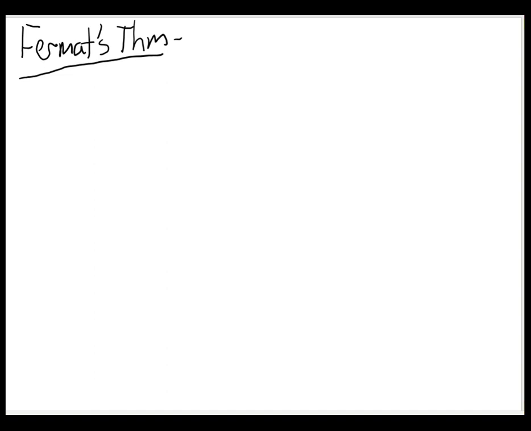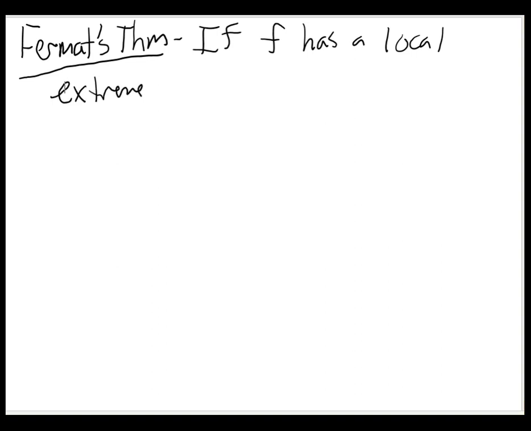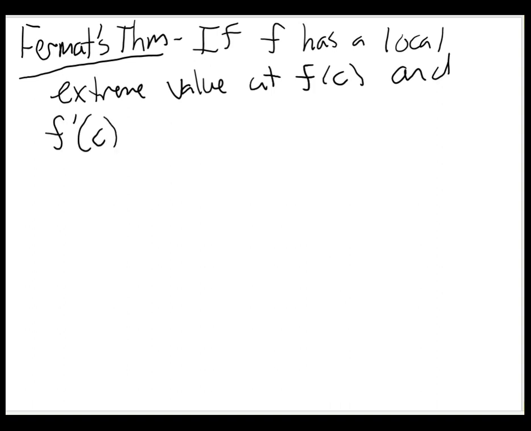What it says is, if f has a local extreme value at c, at f of c, and the derivative exists, then the derivative at c is equal to 0.